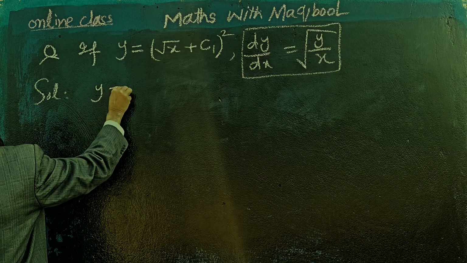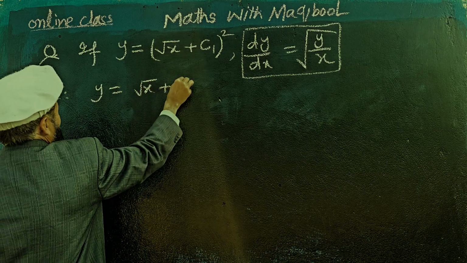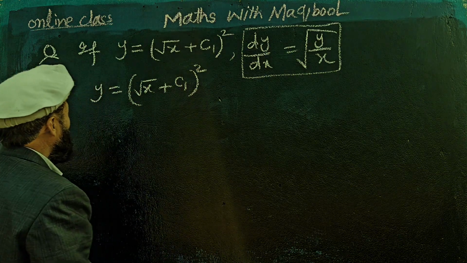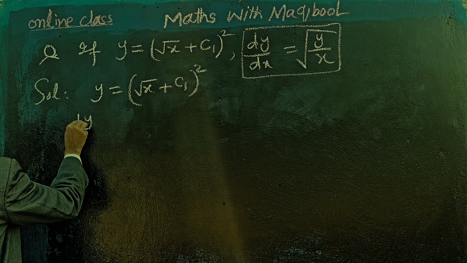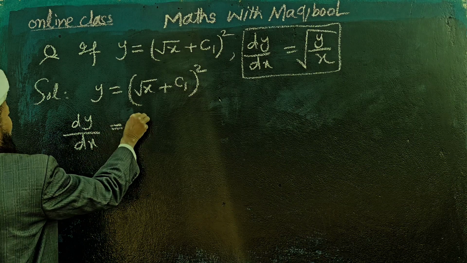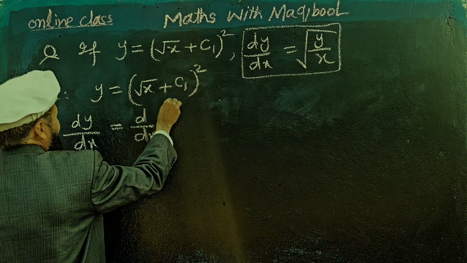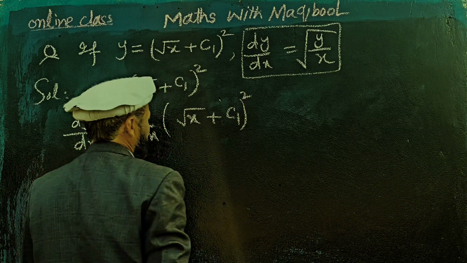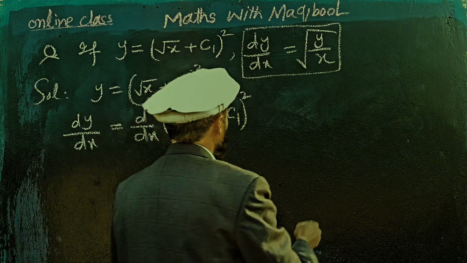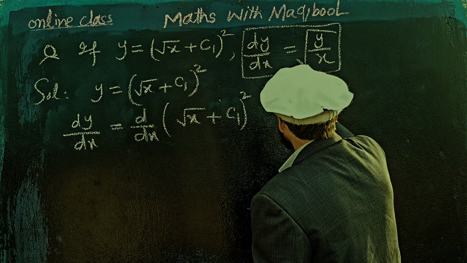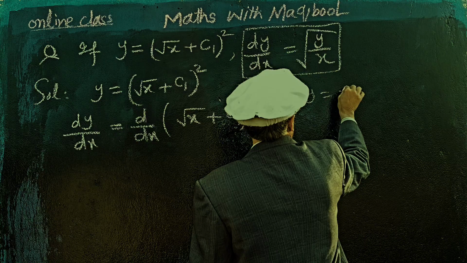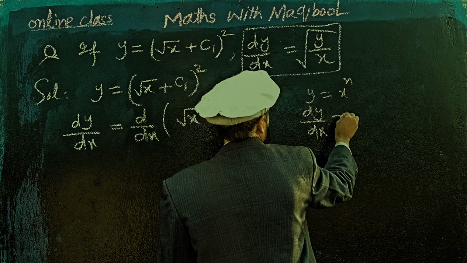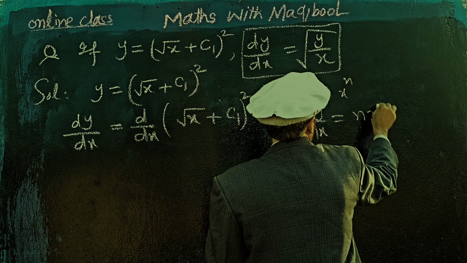y is equal to (√x + c1)^2. We differentiate with respect to x on both sides: dy/dx is equal to d/dx of (√x + c1)^2. Now we have the formula: if y is equal to x^n, then dy/dx of this function is equal to n x^(n-1).